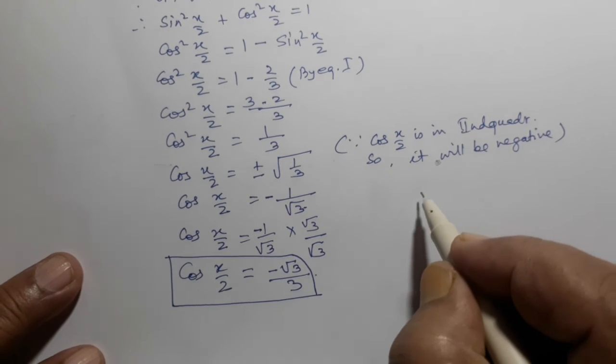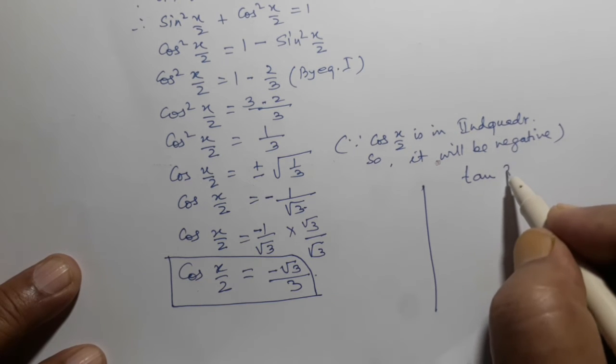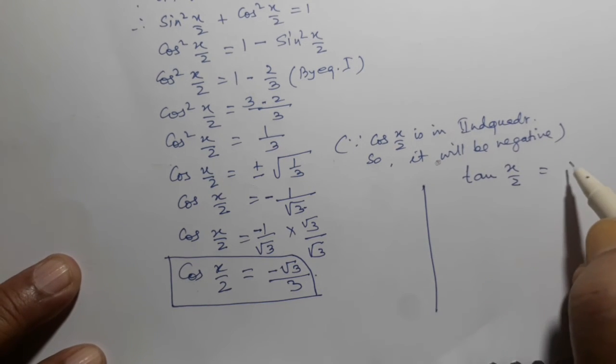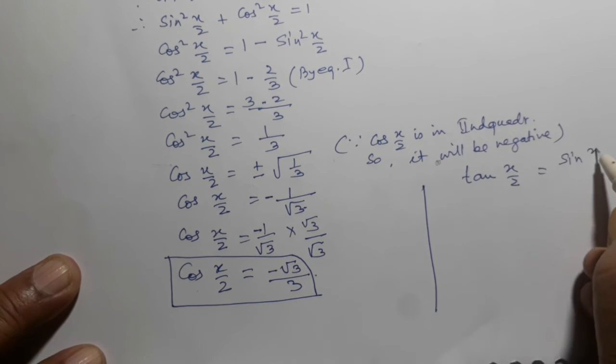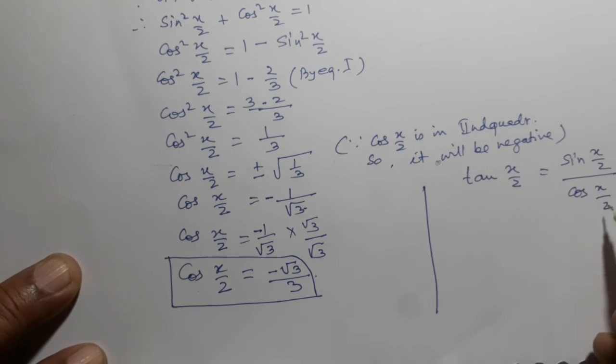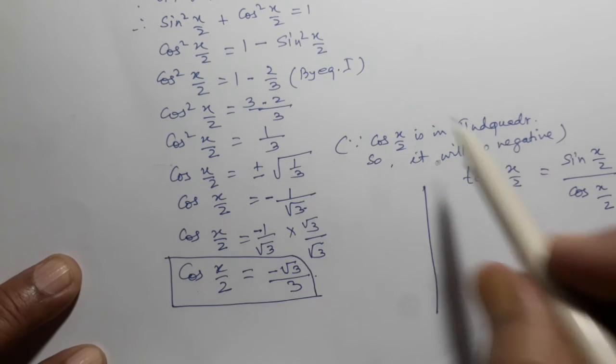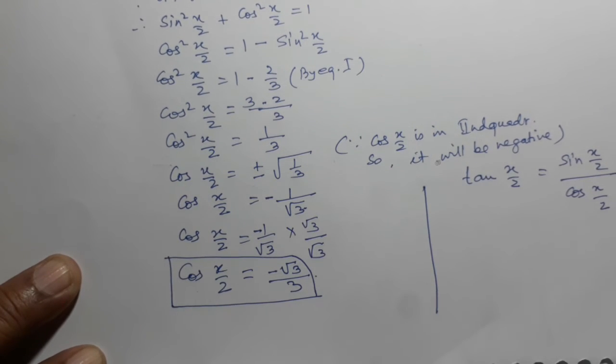And now tan x by 2 equal to sine x by 2 by cos x by 2. Sine x by 2 equal to root 6 by 3, divided by cos x by 2, minus root 3 by 3.